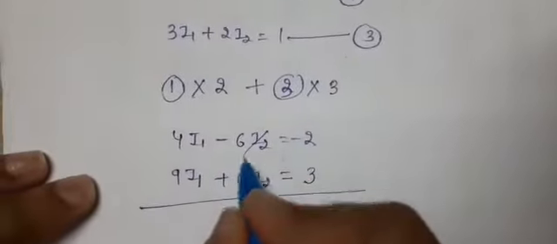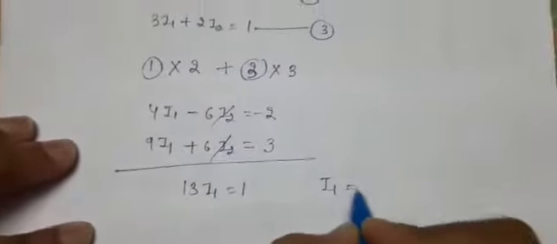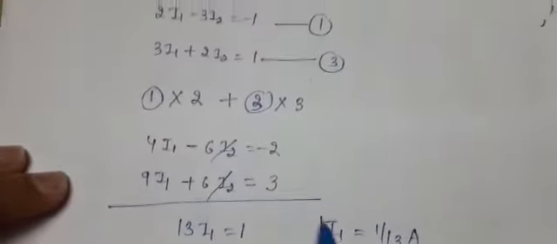Now add these two, this will cancel, 13I1 equal to 1. So I1 will be equal to 1 by 13 ampere.